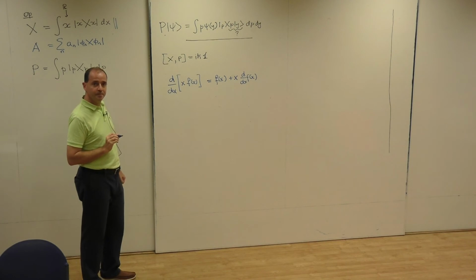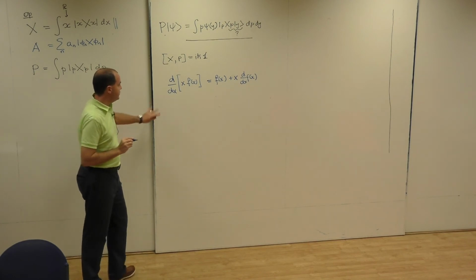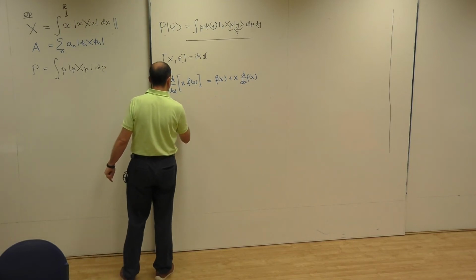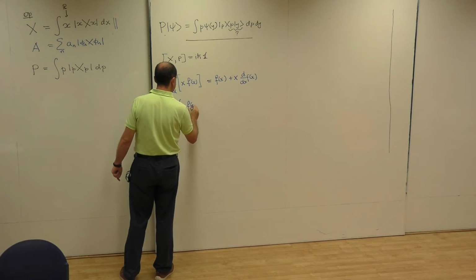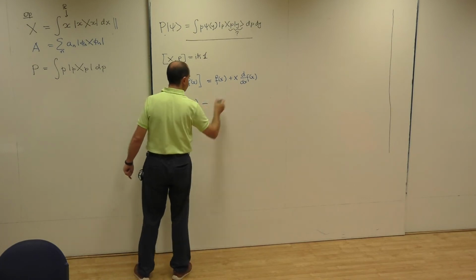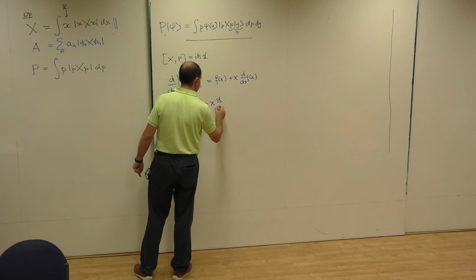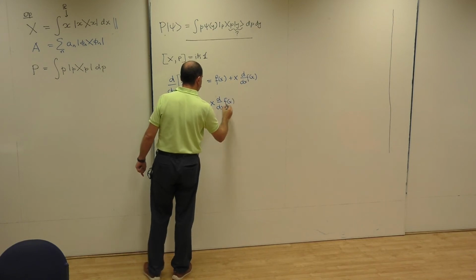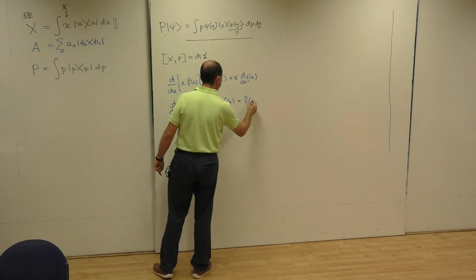Okay? But now, let me rearrange these in a different way. d over dx, x, f of x, minus this guy, x, d over dx, f of x, is equal to f of x.